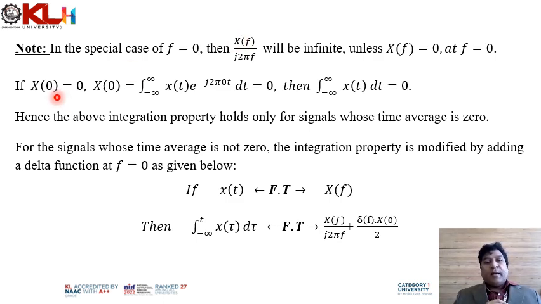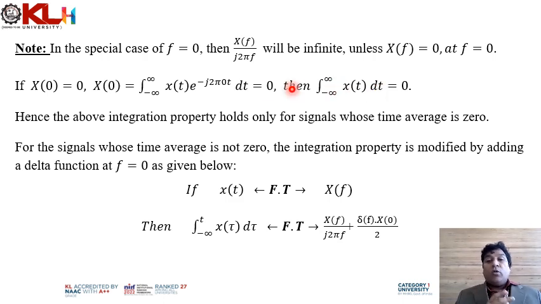Therefore, if this capital X of 0 is 0, we simply substitute f as 0 in this Fourier transform equation. Then this e power 0 becomes 1, so that is simply the integral of x of t into 1, which is simply the integral of x of t, and that will be equal to 0. Now if this integral of x of t is equal to 0, it is the time average, because we are integrating that signal.